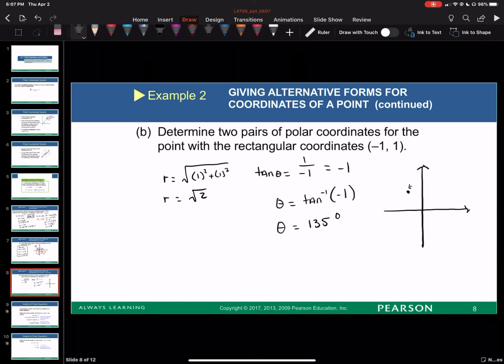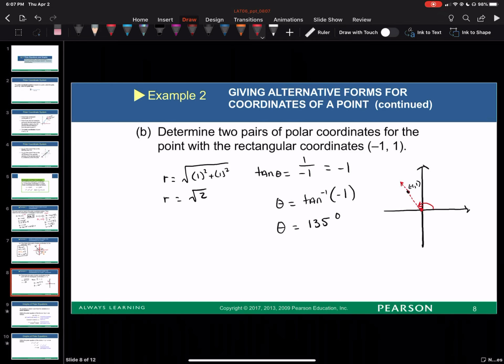So this is -1, 1. Now, let's look at where this could go, right? So we say that this is on 135. So I'm going to draw a red line going this direction. So this is 135.